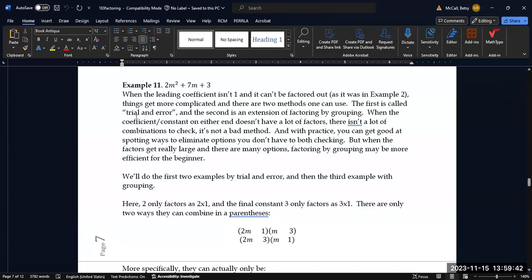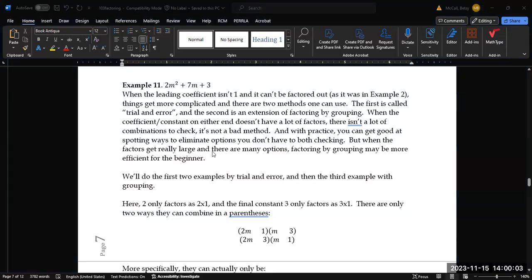Now, when the factors for the first term and the last term are few, then there aren't a lot of trial and error things that you have to test. So 2 factors as only 2 and 1, and there are no other options. And 3, likewise, only factors as 3 and 1, and so there aren't any other options.